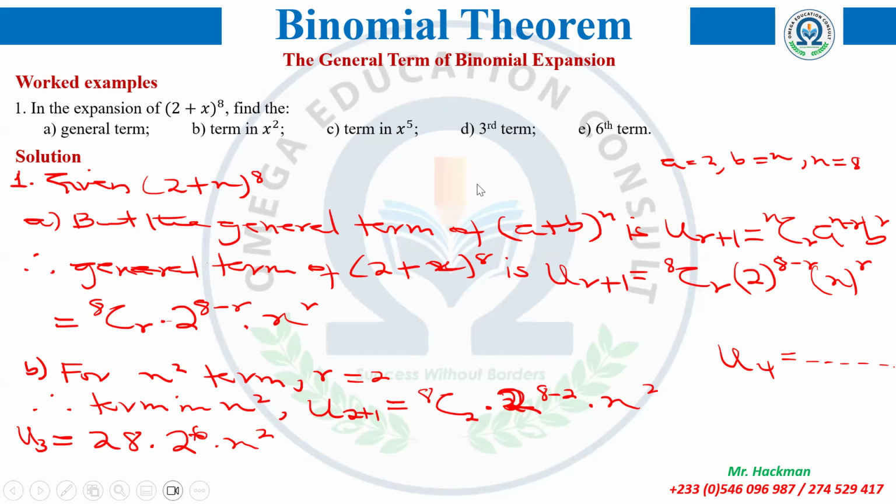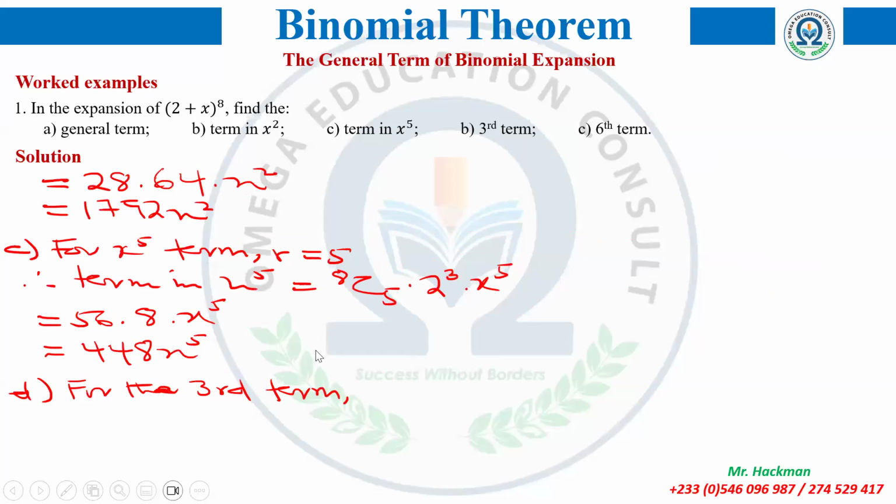In this case, the third term, we said R must be equal to 2. If you are looking for the third term, your R will always be 1 less than the term that you are looking for.